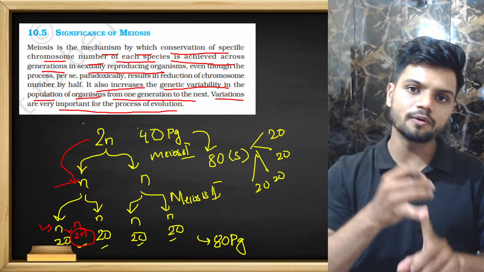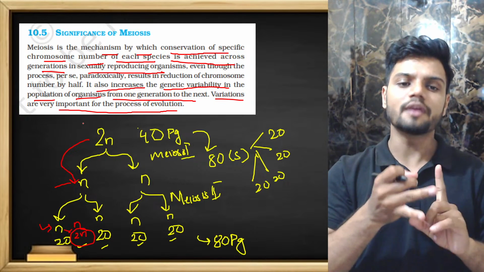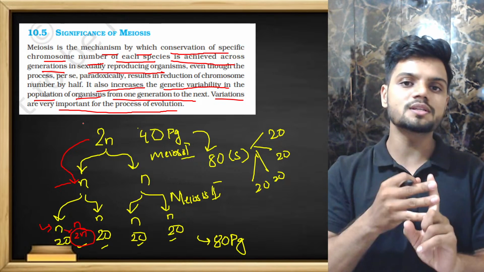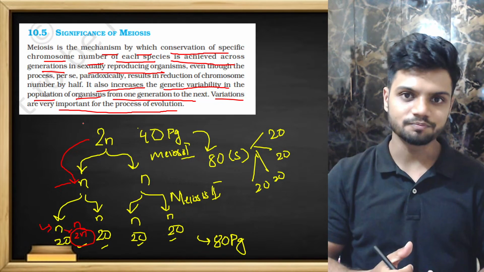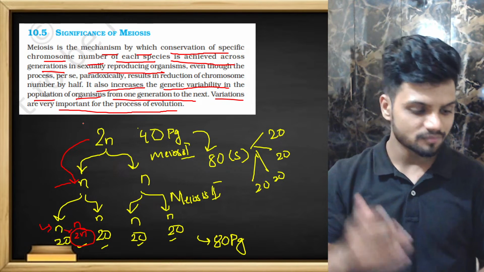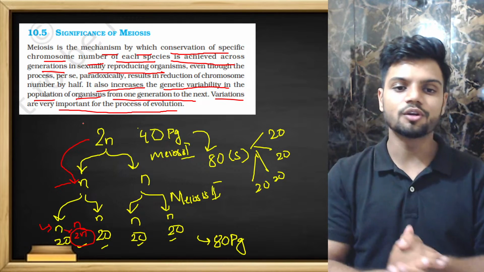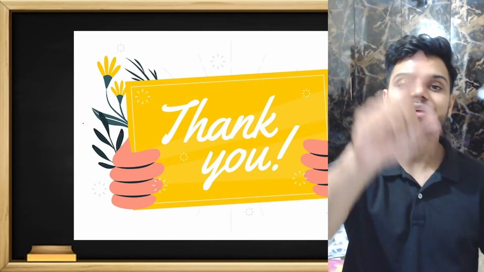Because of crossing over, variations are coming. Because of variation, evolution is happening. So if there was no meiosis, there would be no evolution at all. Okay, evolution would be there, but not at such a high rate.